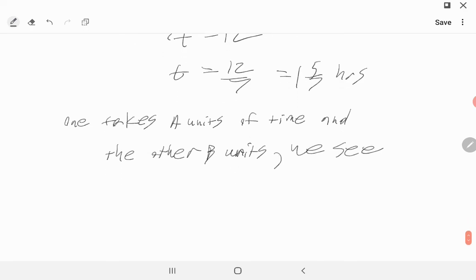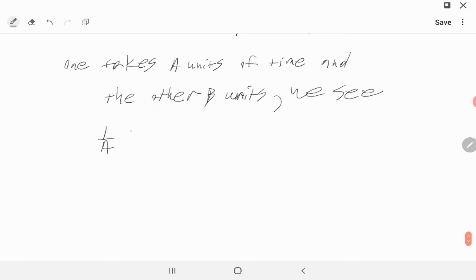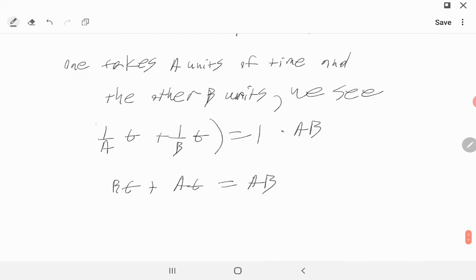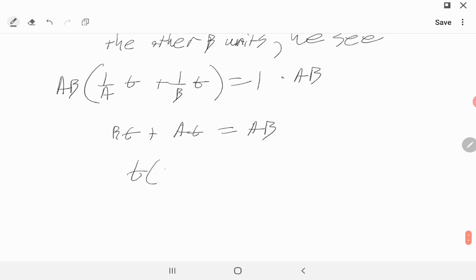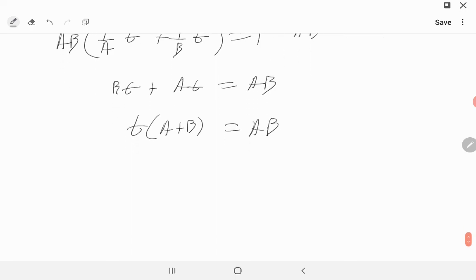We see 1 divided by A, t, plus 1 divided by B, t, equals 1. We can multiply both sides by AB. We wind up getting BT plus AT equals AB. And so we find out that T times the quantity A plus B equals AB. And so our shortcut for this process is to say the time is going to be A times B divided by A plus B.